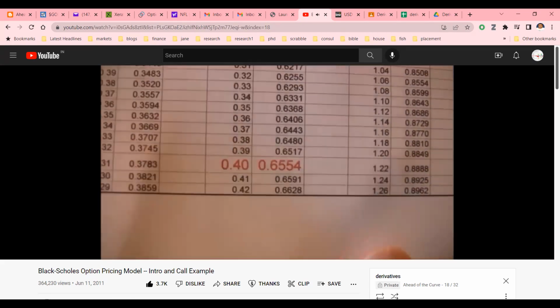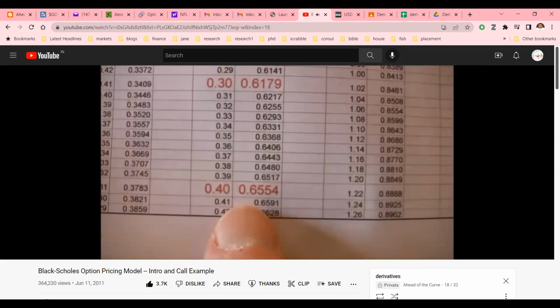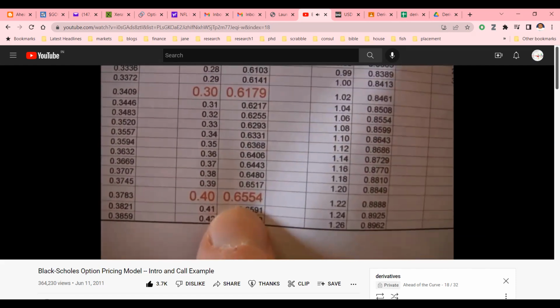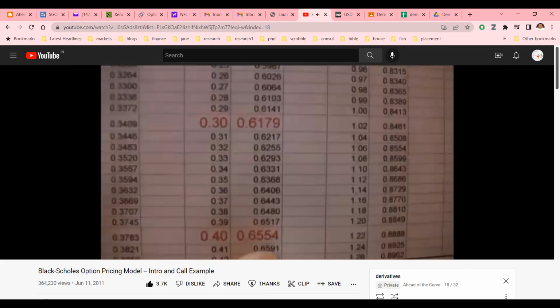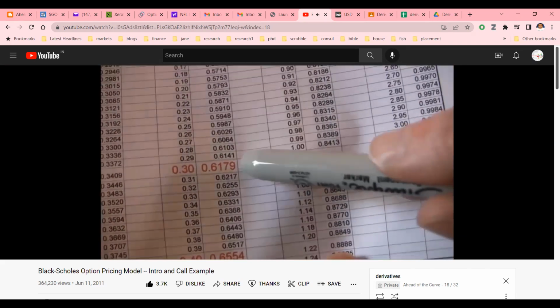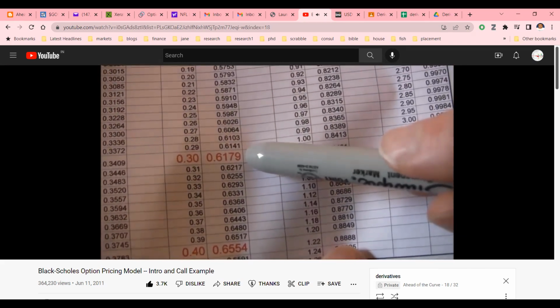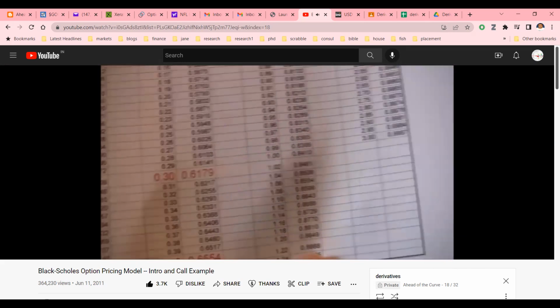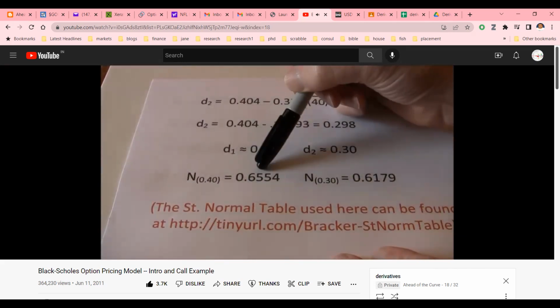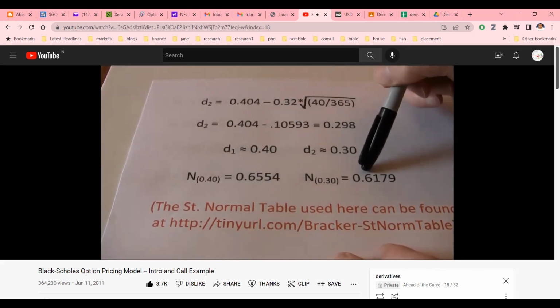So if we look at that, 0.40 gives us a value of 0.6554. 0.30 gives us a value of 0.6179. So those are ND1 and ND2.